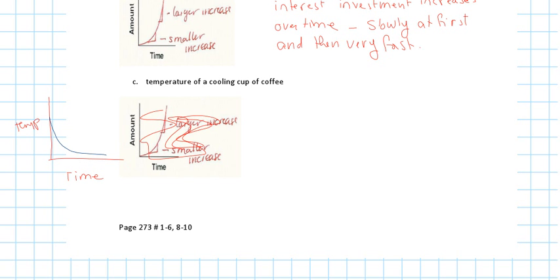The temperature of the coffee, what do you see? Decreases. How does it decrease over time? It gets cooler, it decreases fast first, right? And then it slows down.